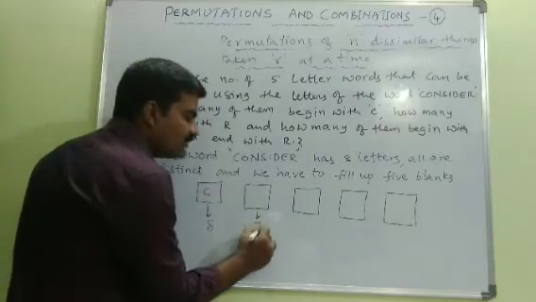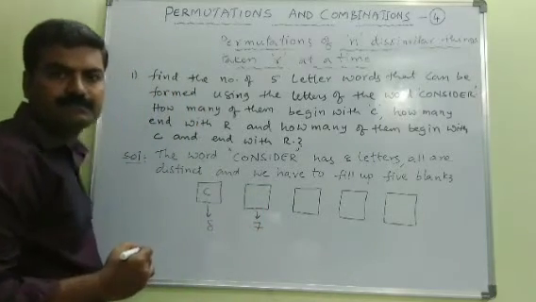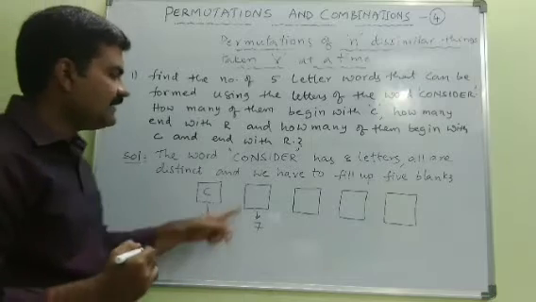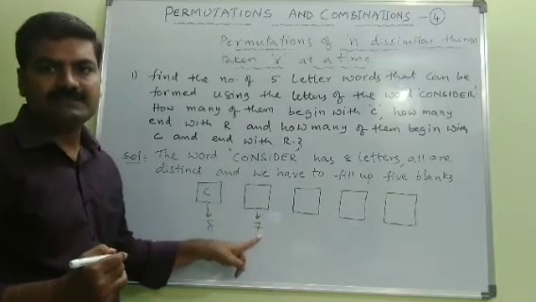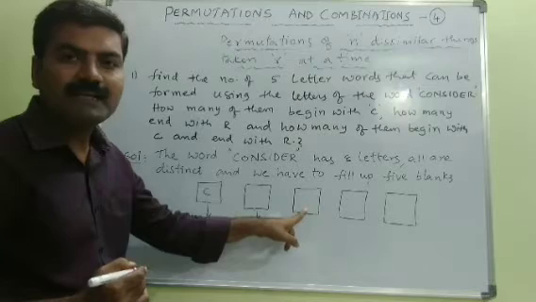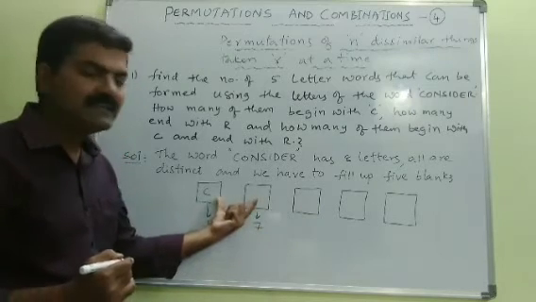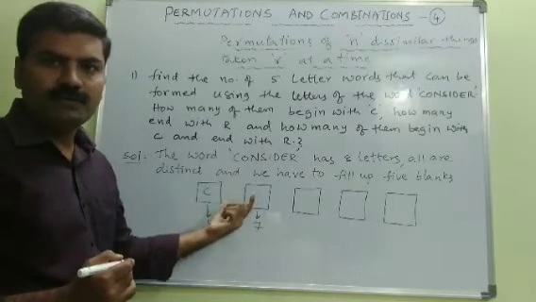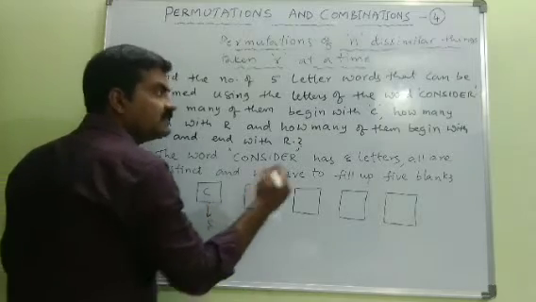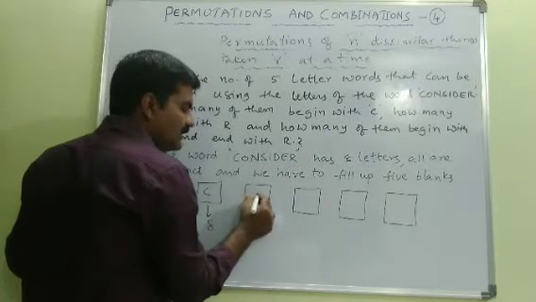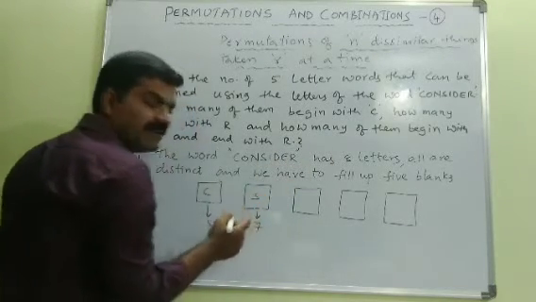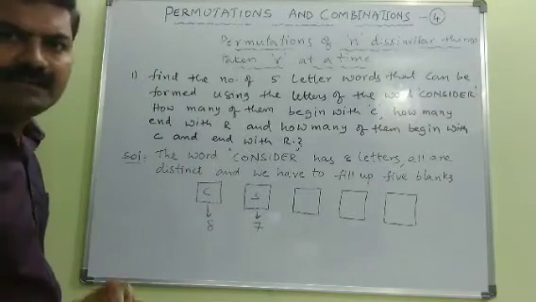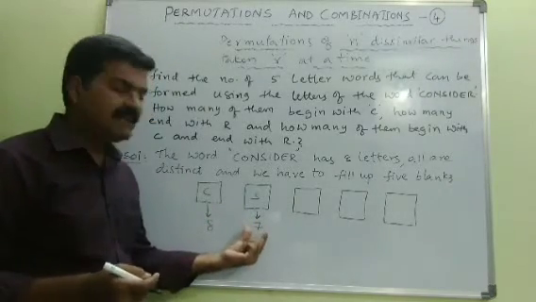Hence, I have 7 choices. In the same manner, since 2 letters are already occupied, for example it may be filled with S, this can be done in 7 ways.